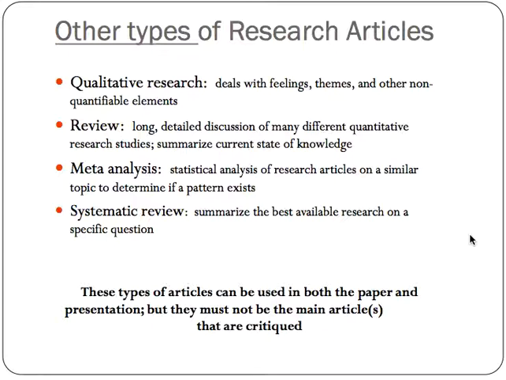A systematic review summarizes the best available research on a specific question or topic. So these types of articles can be used with both the paper and presentation, but they cannot be the main article discussed to support your idea. The main article in your paper and presentation must be an experimental study.